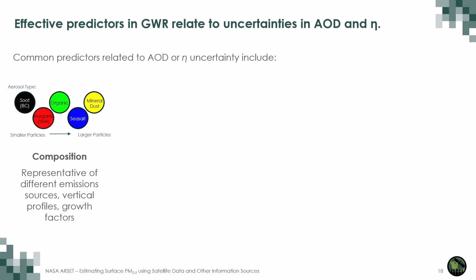Firstly, composition. Different aerosol types can be associated with different optical properties that may challenge AOD retrievals, but probably more impactful in this context is the associations they can have with different emission sources, vertical profiles, and growth factors, all of which impact the AOD to PM2.5 relationship.